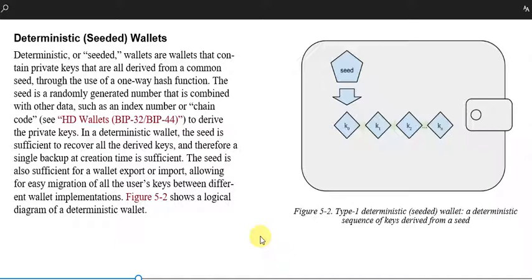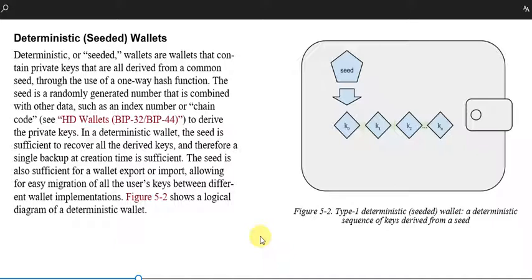In HD wallets, BIP32/BIP44, this is the approach used. In a deterministic wallet, the seed is sufficient to recover all the derived keys, and therefore a single backup at creation time is sufficient. The seed is also sufficient for a wallet export or import, allowing for easy migration of all the user's keys between different wallet implementations.